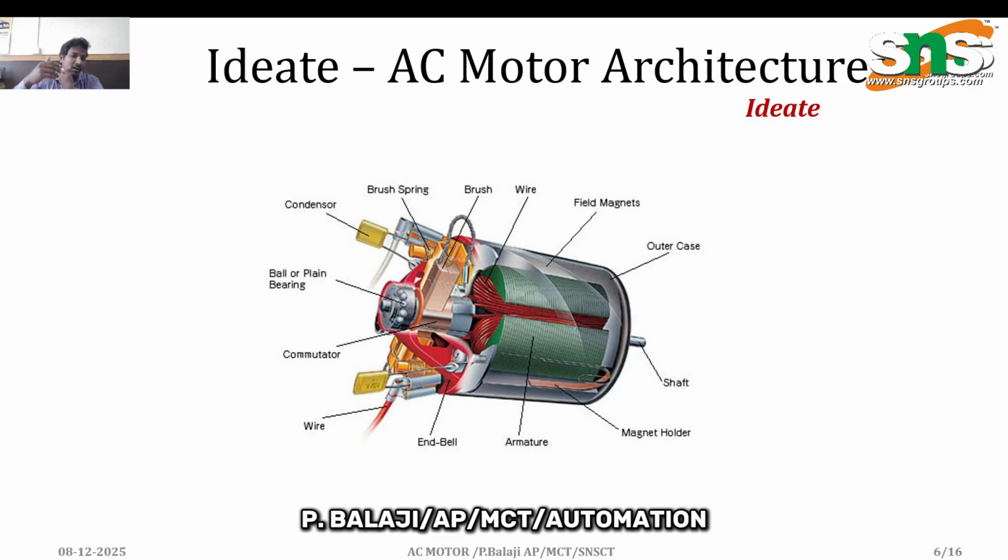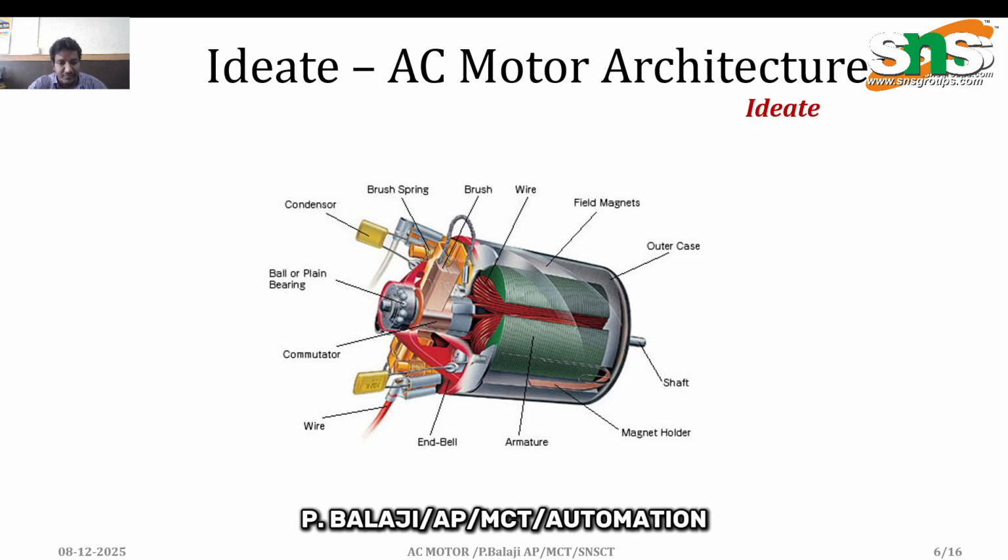So those are the important components available in the AC motor: stators, rotors, shafts, and supporting bearings. The stator creates a rotating magnetic field, the rotor interacts with this field and rotates, the shaft transmits the motion to the mechanical load, and finally the bearings provide support for all smooth operations.